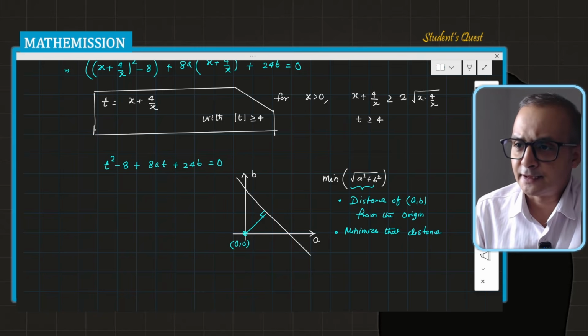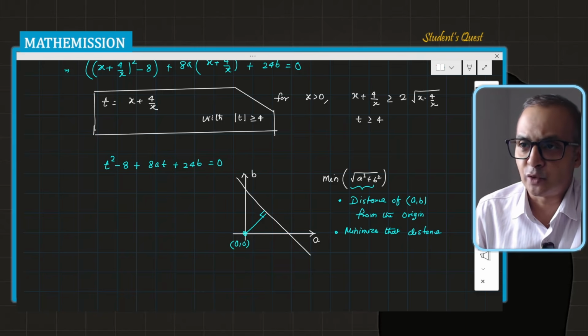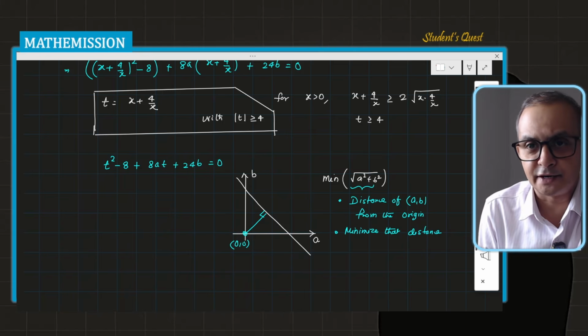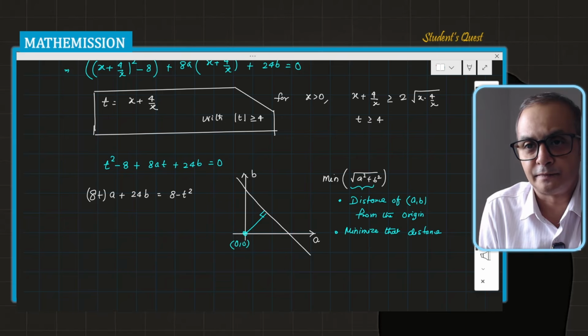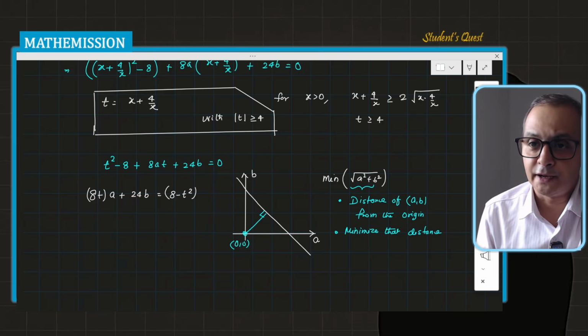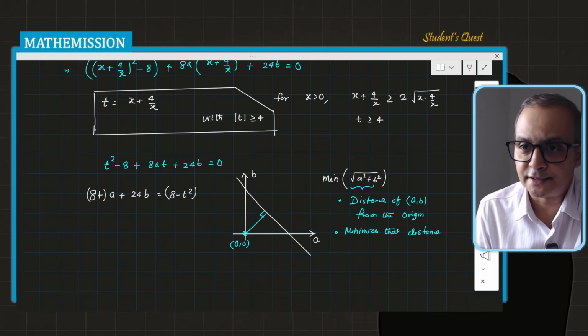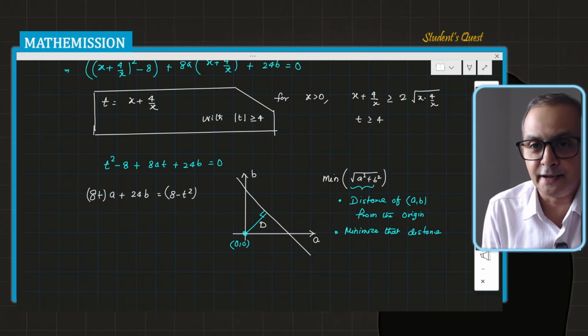So can we think of this equation we have in hand as a straight line in terms of a and b? Of course we can. We can think of it like this: the coefficient 8t is with a, and 24 times b is equal to 8 minus t squared. And if I want to find the distance, let's say this distance is d, and this d is a function of t.